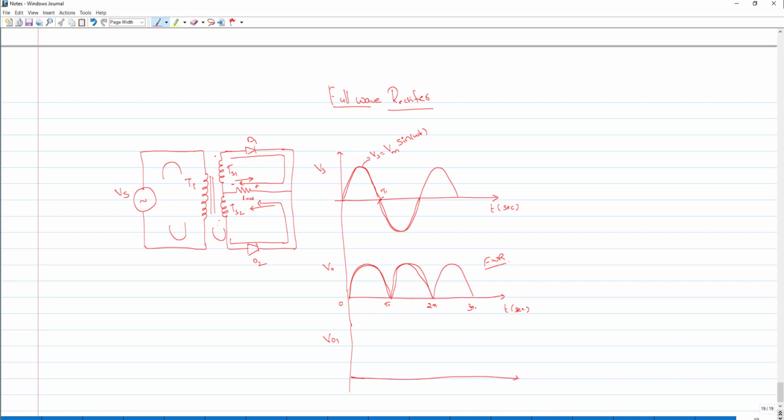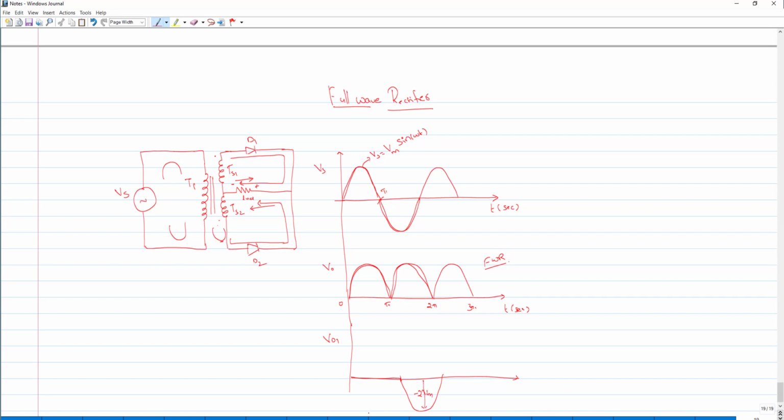The diode D1 is reading 0. When in the negative half cycle, there is already a negative voltage, but on top of this negative voltage, this positive voltage is also coming into picture. That means two voltages are seen in the reverse direction. So, this will become minus 2 times the peak voltage.